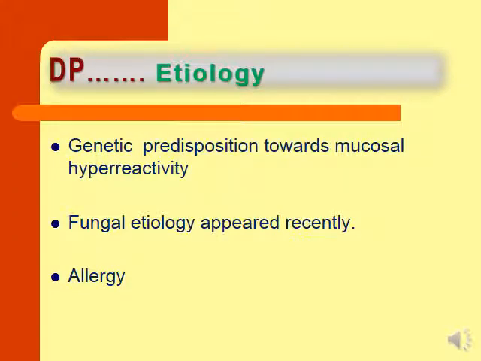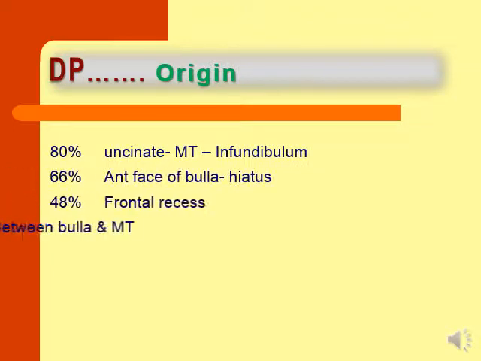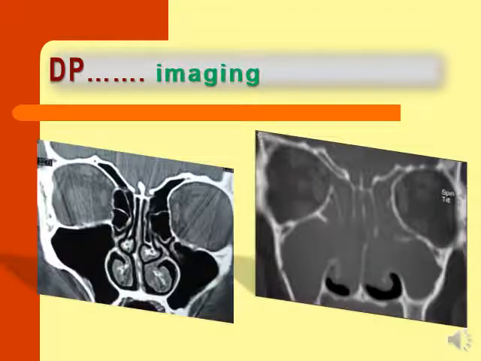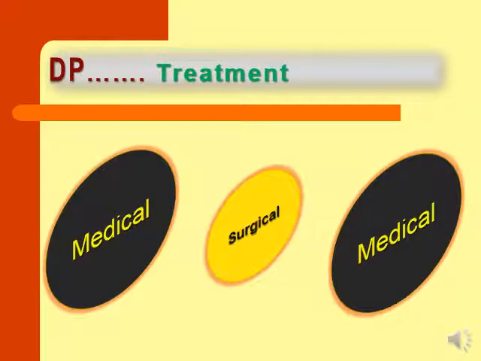So this means that we don't have a clear etiology of these polyps. That's why when we operate on these polyps, we are dealing with the polyp itself, but we are not dealing with the cause. That's why the recurrence is common. They can arise anywhere in the nose, however, there are common sites. This is the CT scan, how it looks in cases of polyposis.